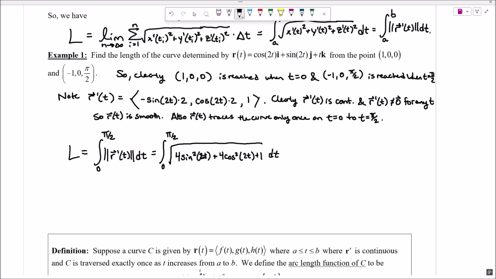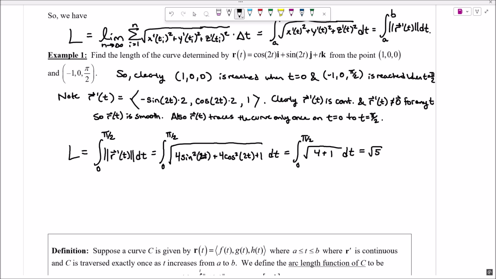But fortunately, this simplifies pretty simply, because a cosine squared plus a sine squared should always be equal to 1, right? That's one of my favorite trig identities. And here I just have 4 sine squareds and 4 cosine squareds, and so those should just add up to a grand total of 4.